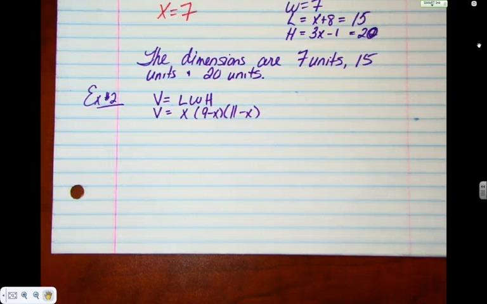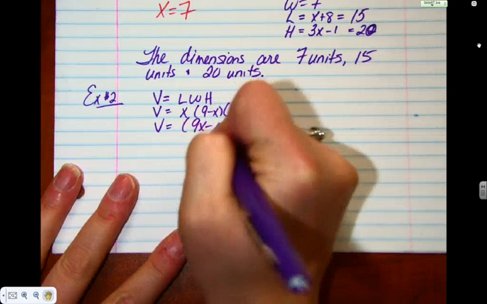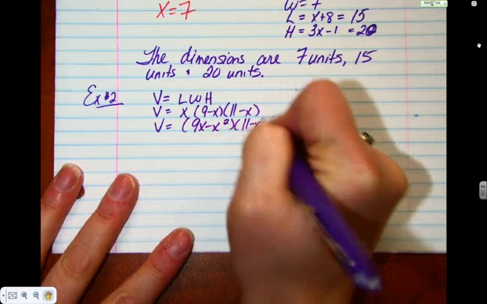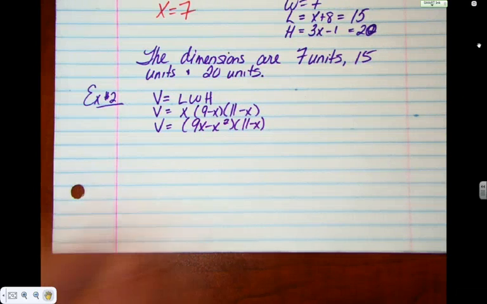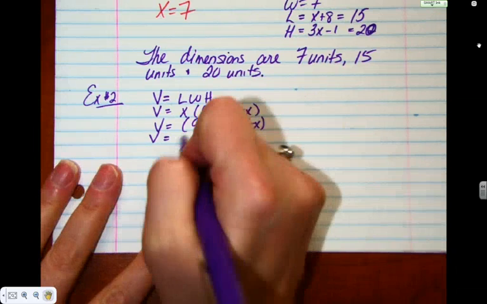Now what? Okay, multiply it out. Offer of 9x minus x squared for the first one. Confirm. Okay.